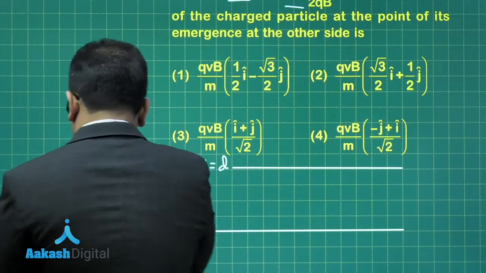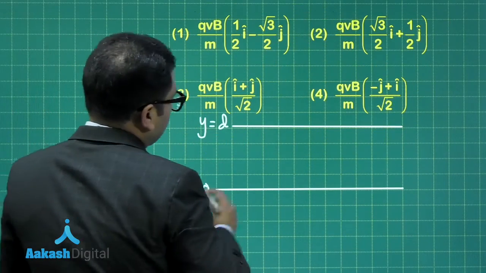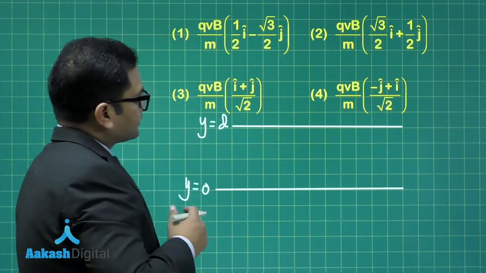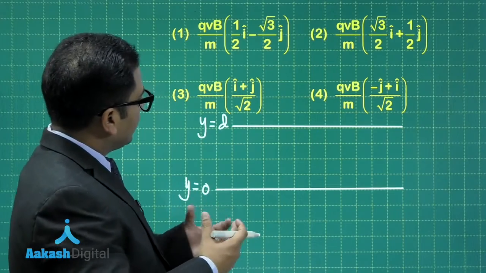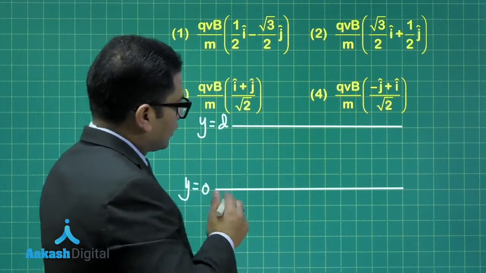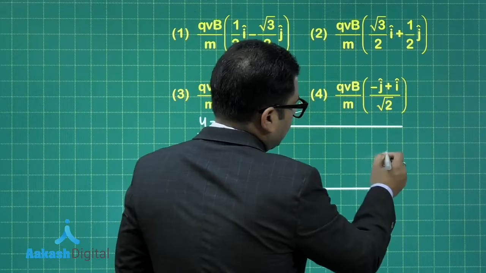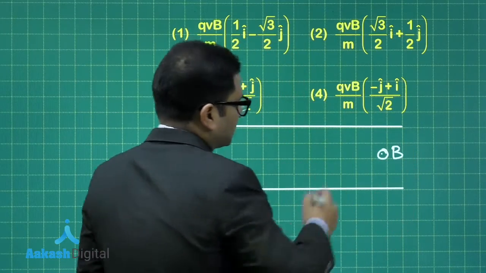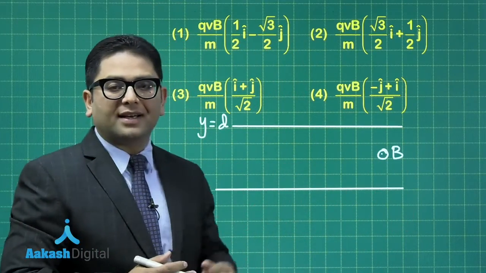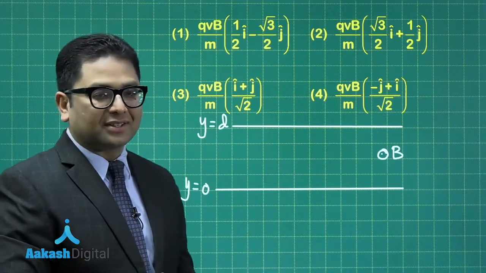All right. So that has been specified here. So now what we'll do is see a particle is entering here, and of course it is also given that the magnetic field is B k cap. That means the magnetic field is pointing outside, in the k cap direction.